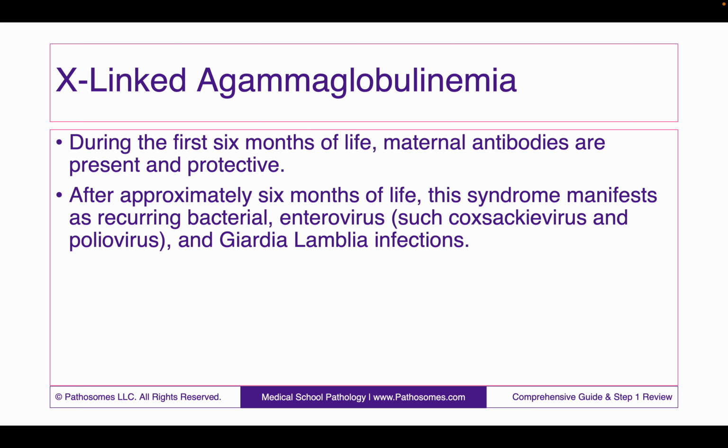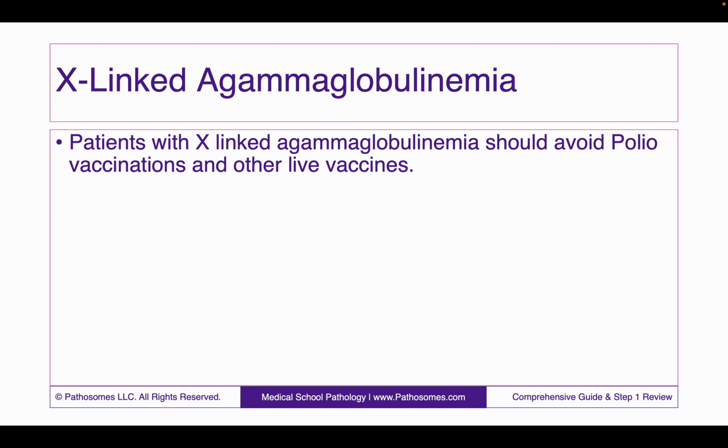After approximately 6 months of life, it manifests as recurring bacterial, enterovirus, and Giardia lamblia infections. Patients should avoid the polio vaccinations and other live vaccines.